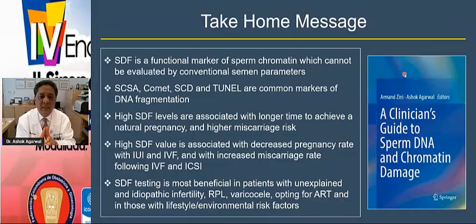It is very important to know that in the case of ICSI, we are not seeing an impact on the pregnancy, but what we see is an increased miscarriage. As I said earlier, in ICSI we bypass the natural process of fertilization. So it confers some advantage, and there is less of a problem with the pregnancy, but the miscarriage rate is very high.